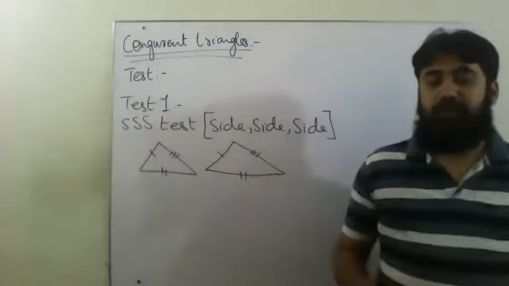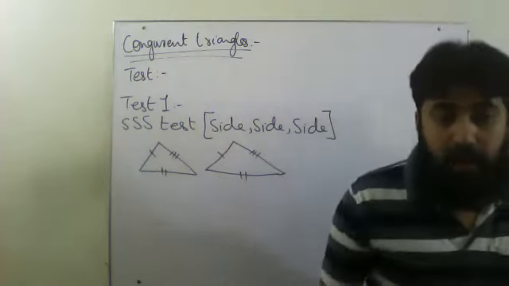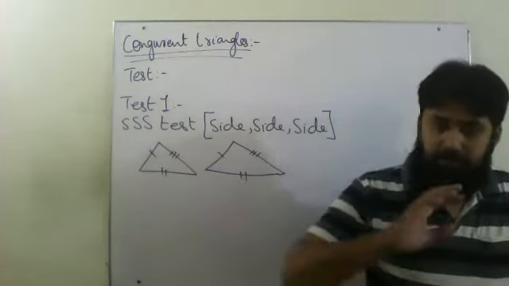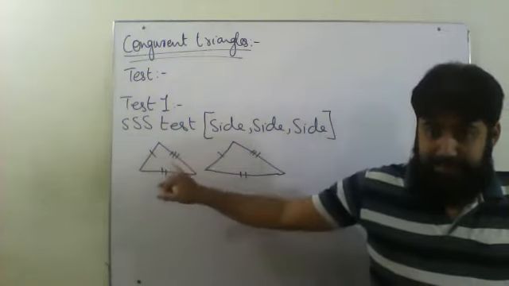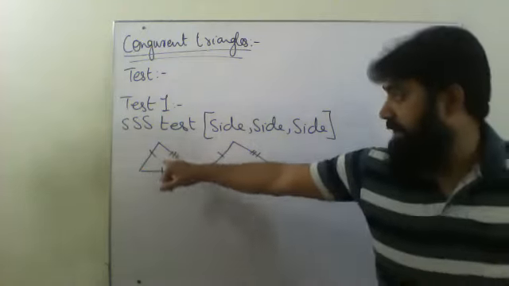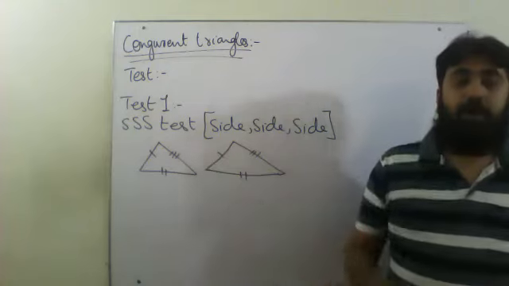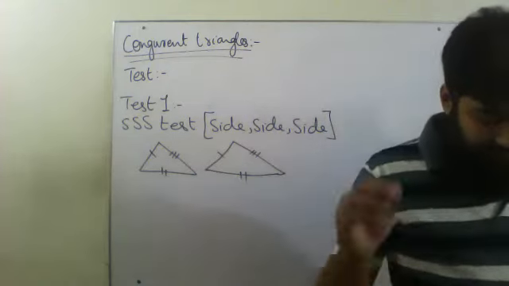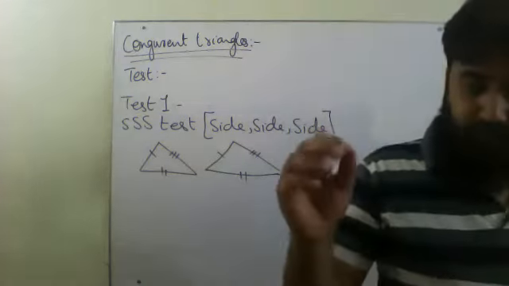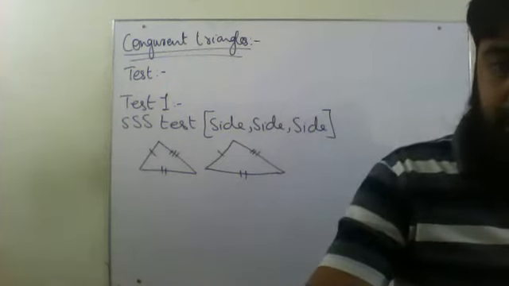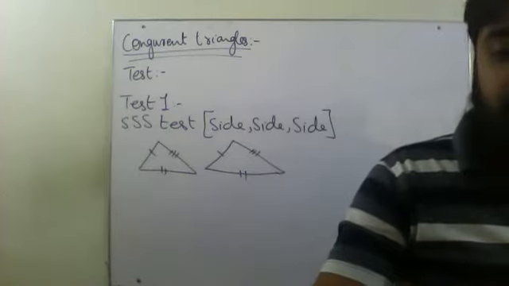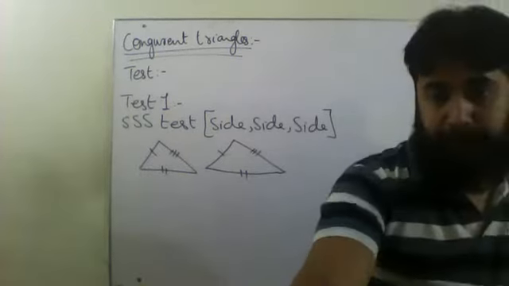You don't have to check whether the angles are the same or not. Forget about it. If the corresponding sides over here and over here are the same, it means you have a complete working. You don't have to check the angles again.